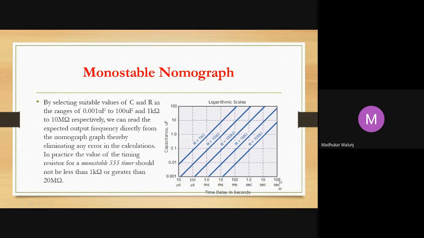So using this, we can create a 100-second pulse. If we go for a 10-second pulse, we can have R equal to 10 mega ohm with the capacitor value here, R equal to 1 mega ohm with the capacitor value here, and so on. So using this nomograph, we can calculate the monostable 555 timer values.